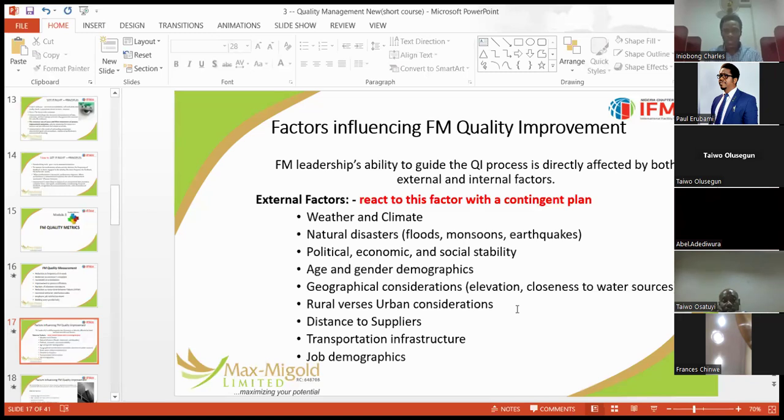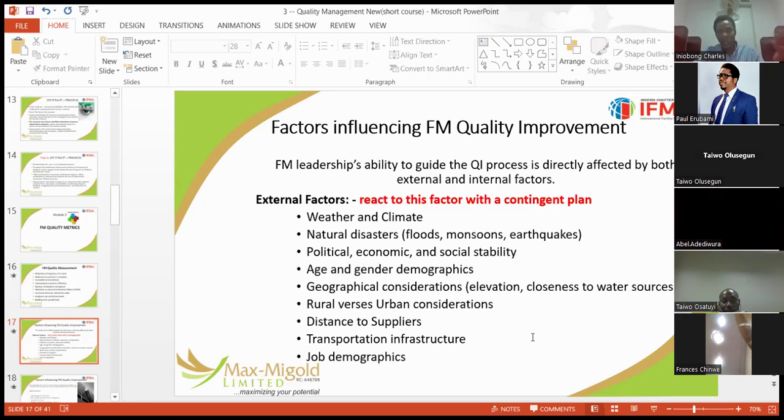Now, age and gender demographic. Then we have the geographical consideration, elevation, closeness to water source and all that. Rural versus urban. When you have your facility in a very distant place, supplies becomes very difficult. Transport also becomes difficult. So these are external factors that affect your delivery.